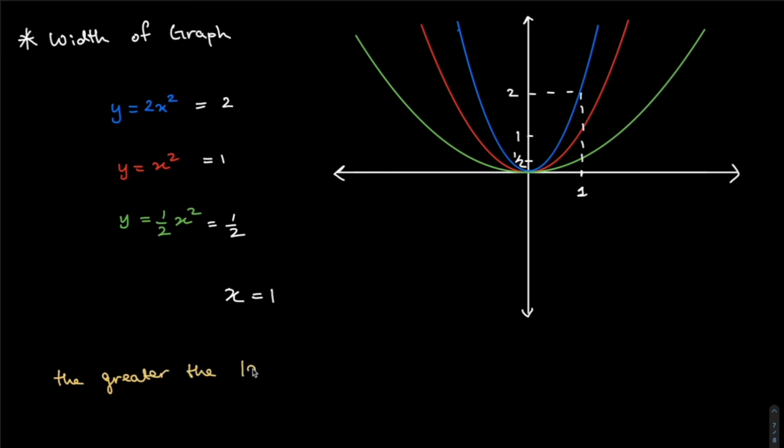The greater the modulus of a, whether it's negative or positive doesn't matter, we're just talking about the width of it right now, the greater the value of modulus of a, the steeper or the narrower the parabola.